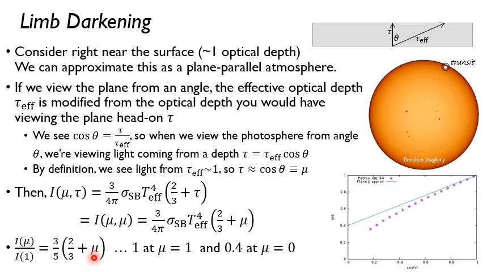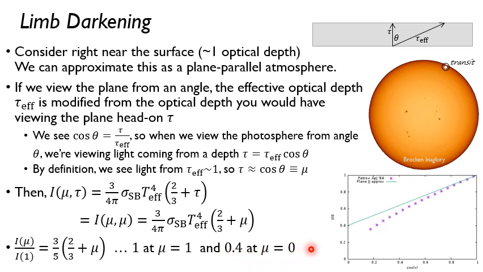If we're viewing our star or our photosphere face on, then this is 1. So if we're viewing from straight above, the intensity is defined as 1 here. And if we're viewing at cosine of theta equal to 0, basically right along the edge, viewing from the side, then we find that the intensity relative to the central intensity is 0.4.